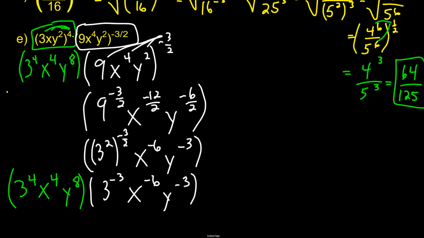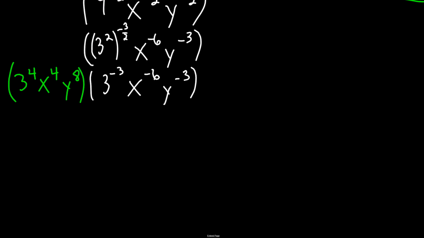Okay, one of these shortcuts that we learned on the previous video is if you have the same base and they're multiplied together, then you just add the exponents. And so if we have 3 to the fourth and 3 to the negative 3, that's going to be 3 to the 1.